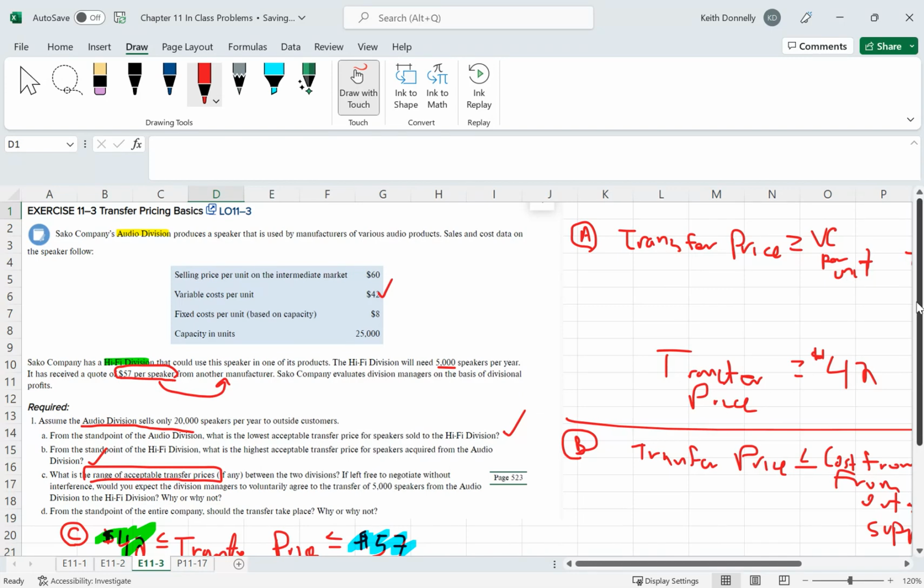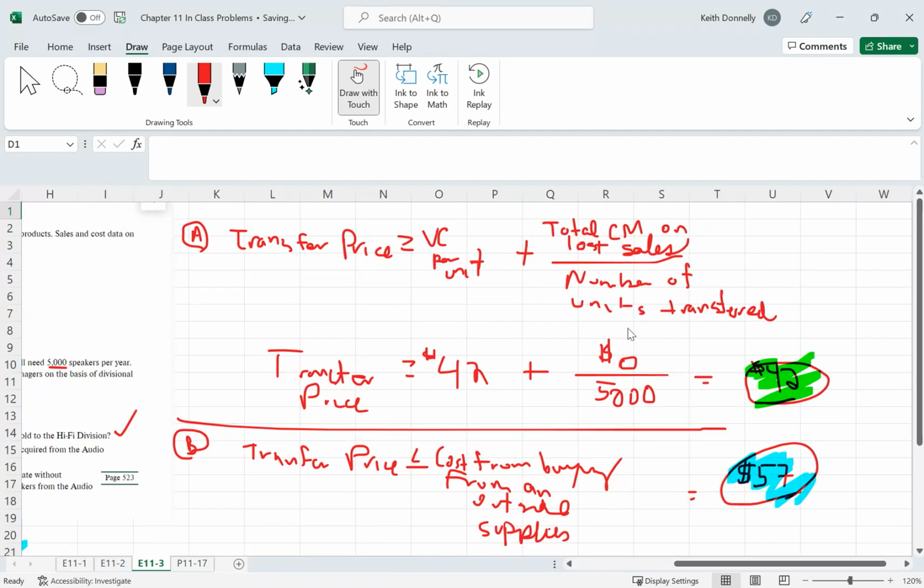But what we have to do is take a step back, look at everything and say, what makes sense here? What's the minimum price that the seller is willing to sell it for? We have this formula up here. In this case, we had $0 of lost contribution margin on sales.